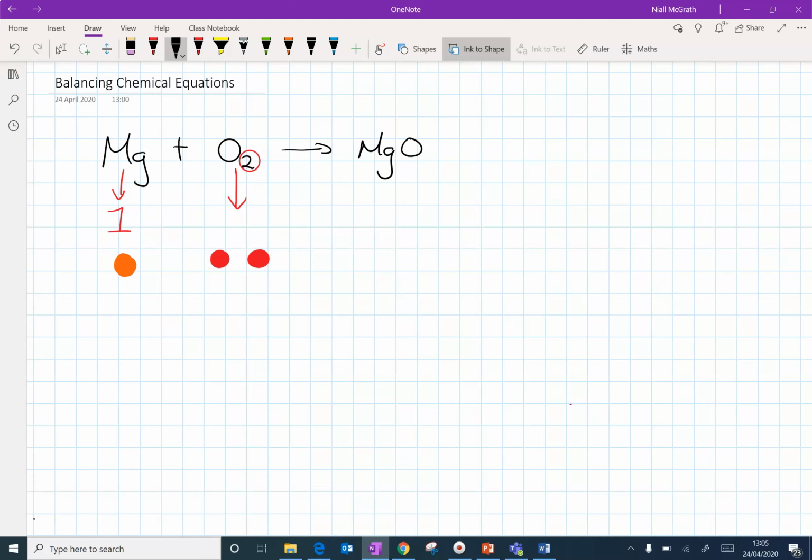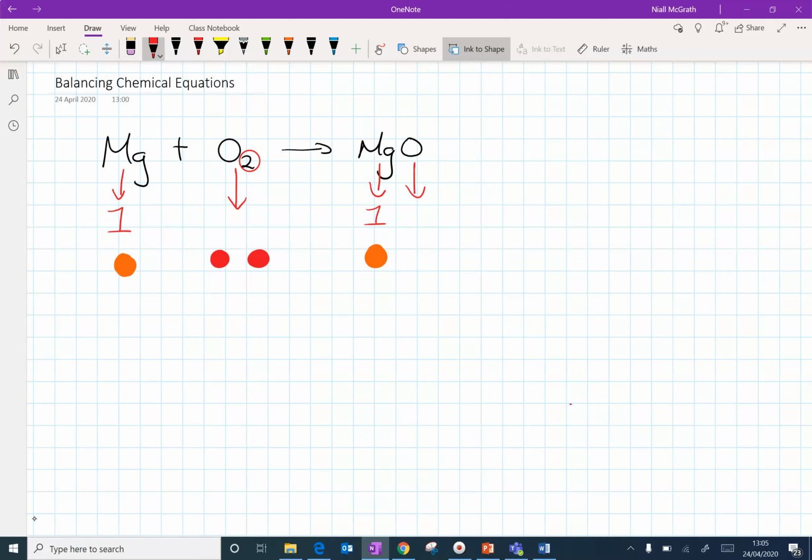Now, if we look at our right side of the equation, we look at magnesium, and again we have one magnesium, which is fine. But if we look at our oxygens, we see that there's just one oxygen by itself.